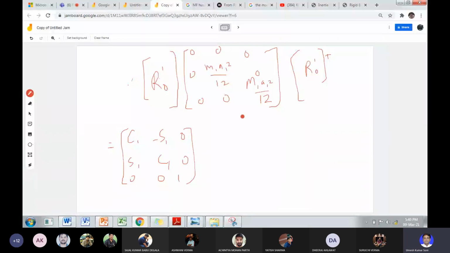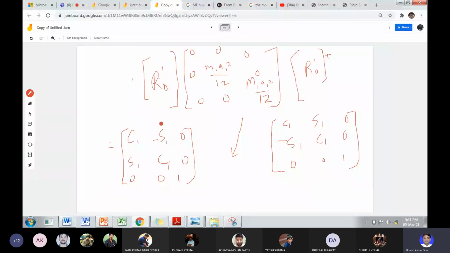and then the transpose of this. Transpose and inverse are the same, so you take this C1, minus S1, and C1, 0, 0, 1. Okay, so by multiplying, you may multiply this with this, and finally you get a matrix, then you multiply this.